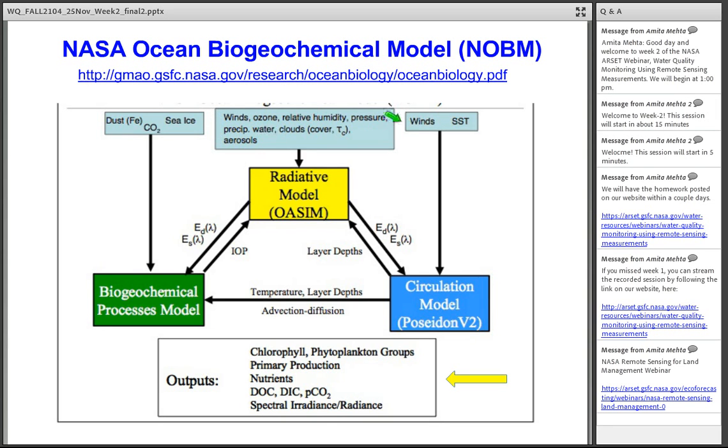So winds, SSTs, dust, sea ice, CO2, all these are prescribed in the atmosphere. And then in the ocean, there are multiple levels and circulation, and these processes are modeled. And these are the parameters available in output. These are all, again, model data.